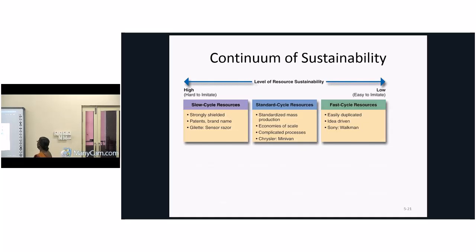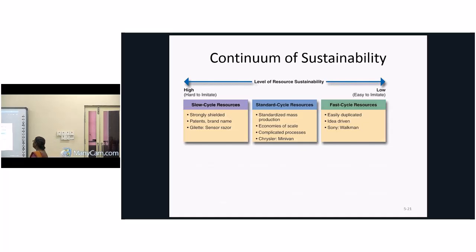Then fast cycle resources, which are ever changing, are easy to imitate and sustainability is low.